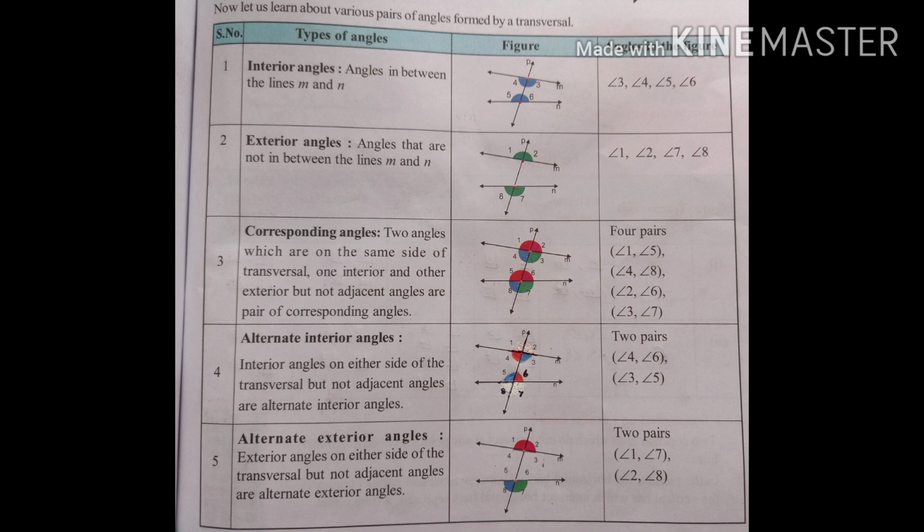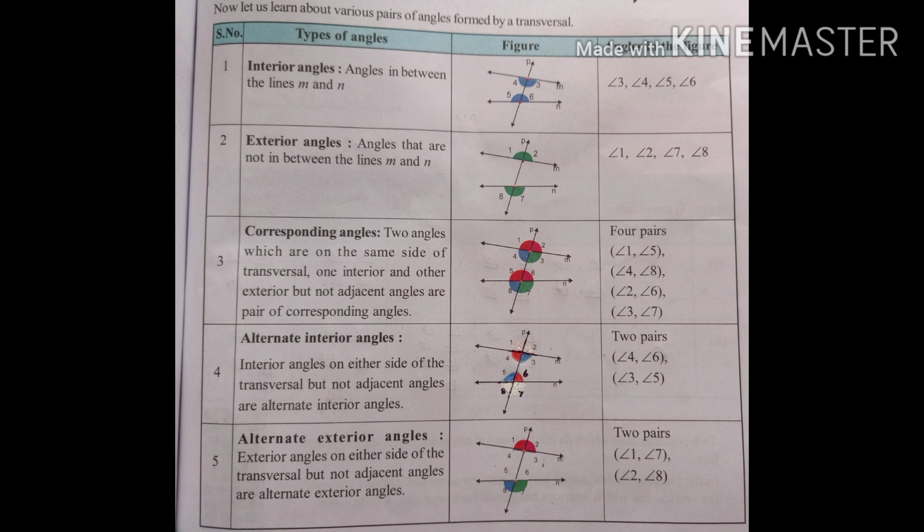Angle 4 and angle 6 are on either side of the transversal. Just like angle 4 and angle 6, angle 3 and angle 5 are also on either side of the transversal. So these are two pairs, angle 4, angle 6, and angle 3, angle 5. These are alternate interior angles.